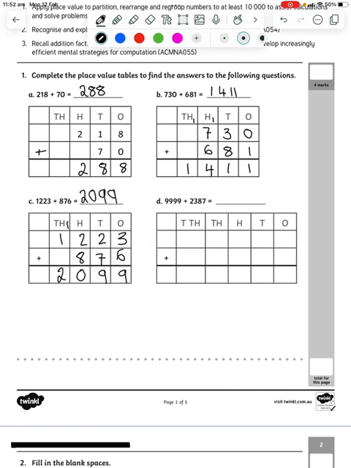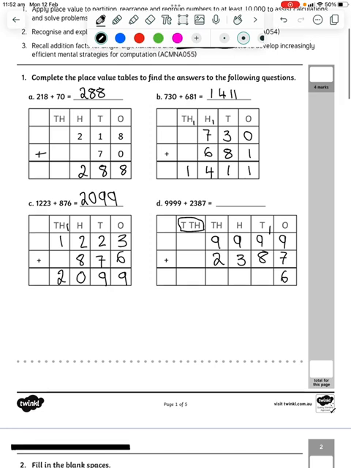Now this one's getting a bit bigger because we're going up to TTH, which means 10,000s. So we're just getting a bit bigger. So we've got 9,999. So starting in our thousandth column and working our way back. Plus 2,387. We're now going to add our ones, so 9 plus 7 is 16. I put down that second number, I carry the 1. 9 plus 8 is 17, plus 1 is 18.